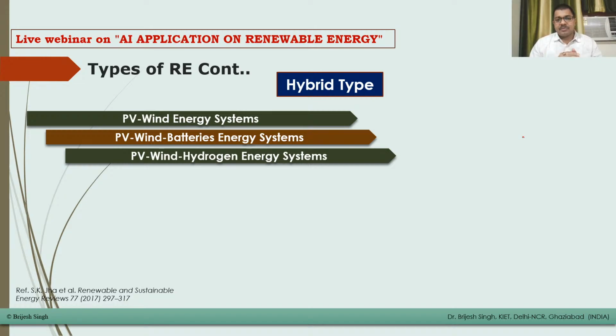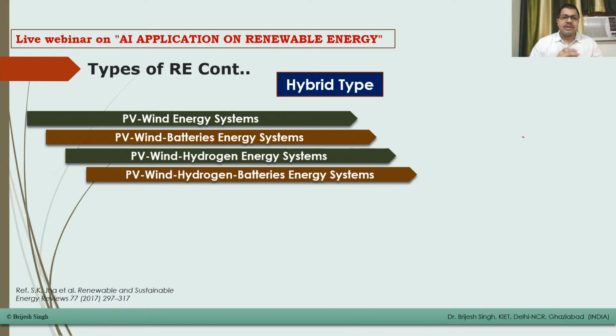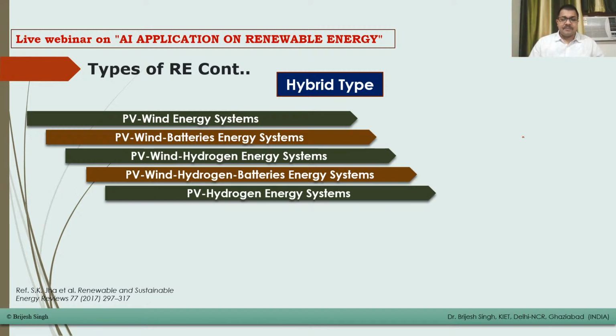Similarly, some people are working on PV, wind and hydrogen energy systems, which is also known as a hybrid type. Here I am just giving the names of how we can make a hybrid type of system: PV, wind, hydrogen and battery energy system. If you add all four types of energy resources into the system, it makes a hybrid system.